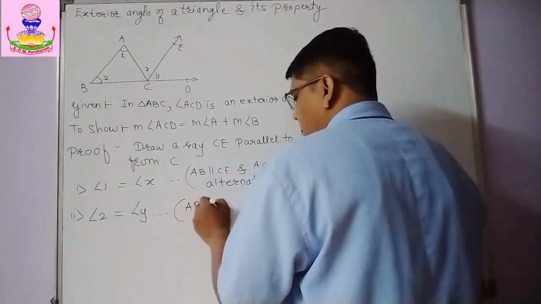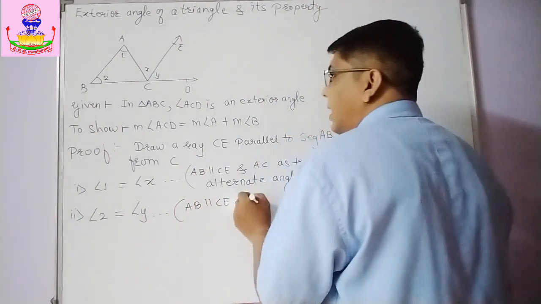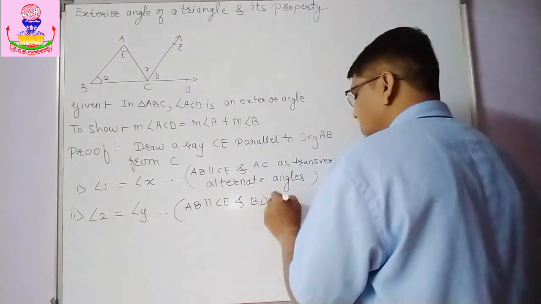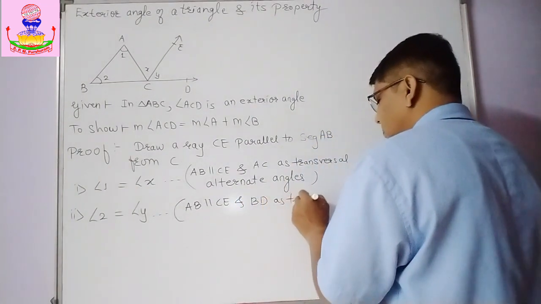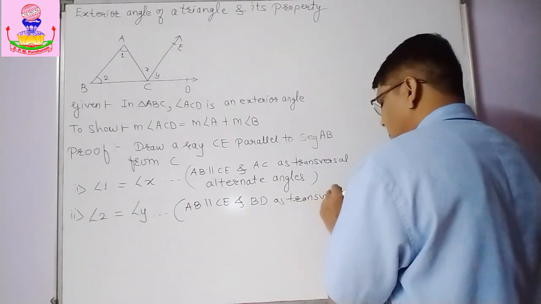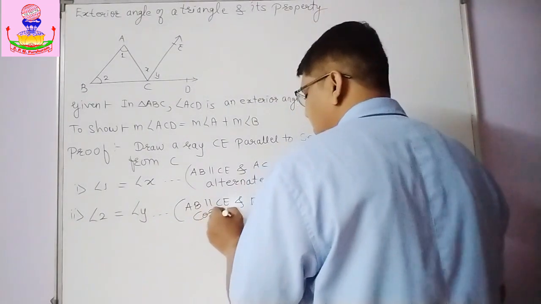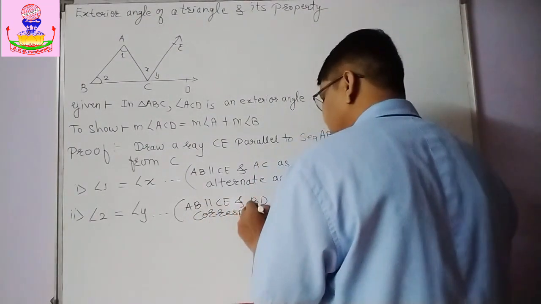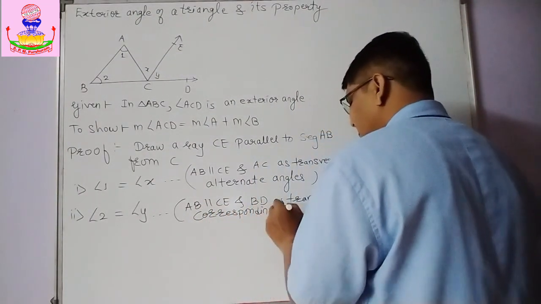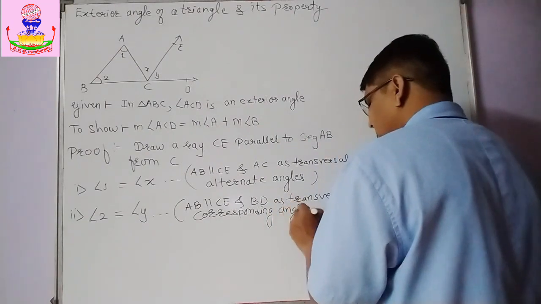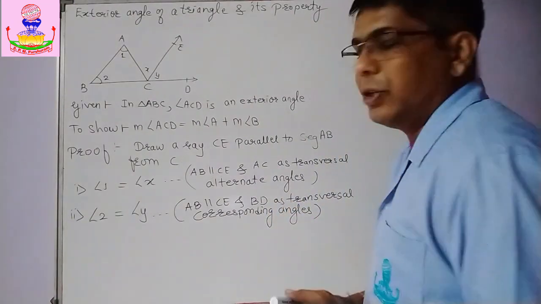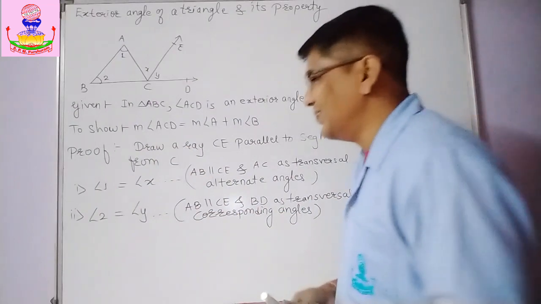So here we can say AB parallel to CE and BD as the transversal, and they are corresponding angles.